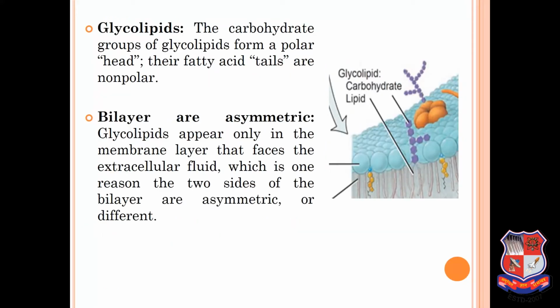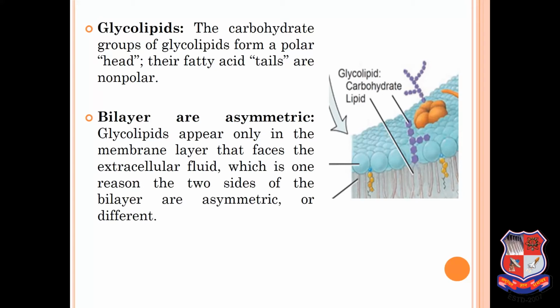The third lipid is glycolipid. The carbohydrate groups of glycolipids form a polar head, and their fatty acid tails are non-polar. Its name indicates glyco means carbohydrate, so glycolipid is a combination of carbohydrate and lipid. Now, the bilayer is asymmetric. Why is it known as asymmetric?